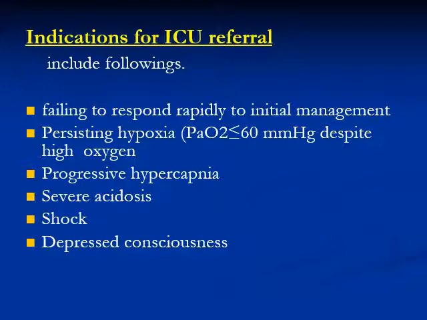These are indications for admission and treatment in the intensive care unit: not responding to initial treatment, persistent hypoxia, progressive hypercapnia, acidosis, shock, and change in consciousness, where the patient becomes confused or unconscious.